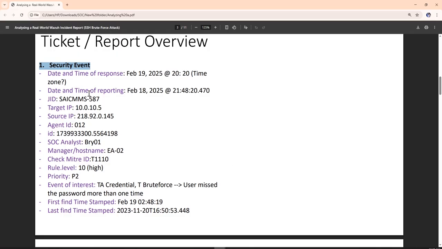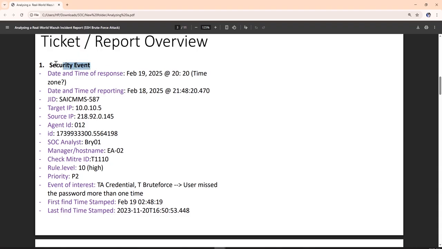So this is 1 out of 10 report slides. Level 1 is concerned with this number 1, security event that happened. Level 2 guys continue from number 2, the incident, event of interest, what really happened, evidence, all those tickets. So let's take a look at this report.